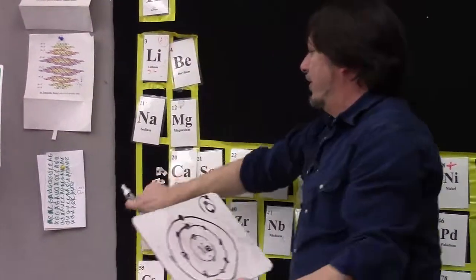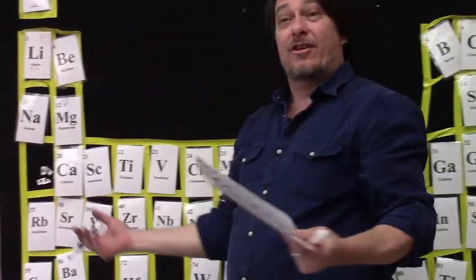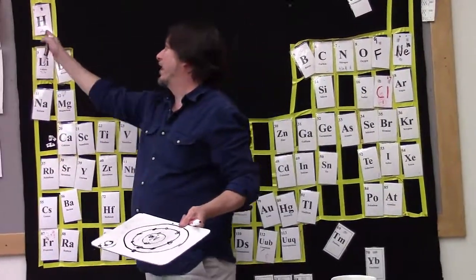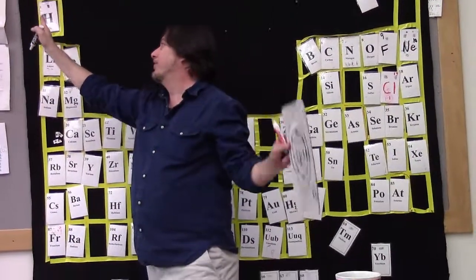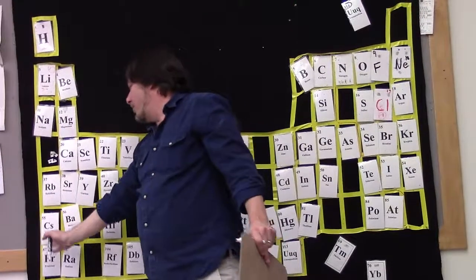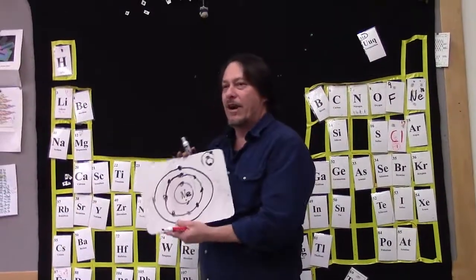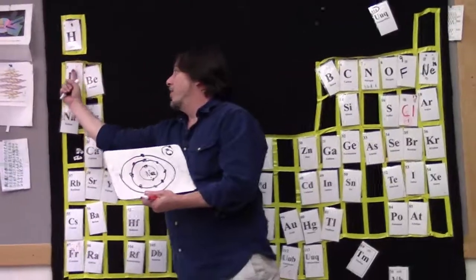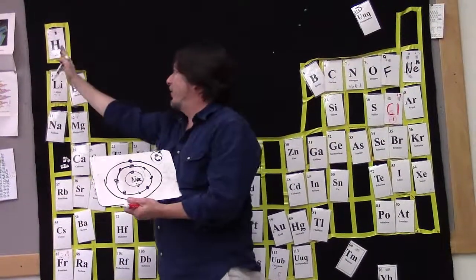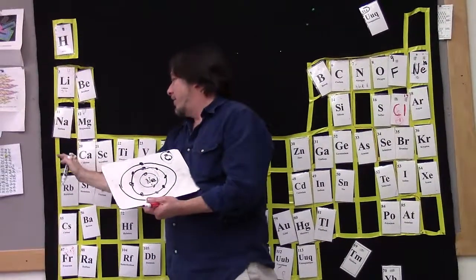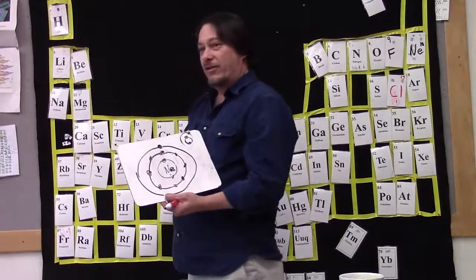All these ones here have 1 on the outside. It turns out that's how the periodic table is organized, by the outermost electrons, at least for these purposes. Everything in this column not only has the same number of outer electrons, 1, but also very similar properties. These are all really active, chemically reactive elements, and you'll see why in a little bit.